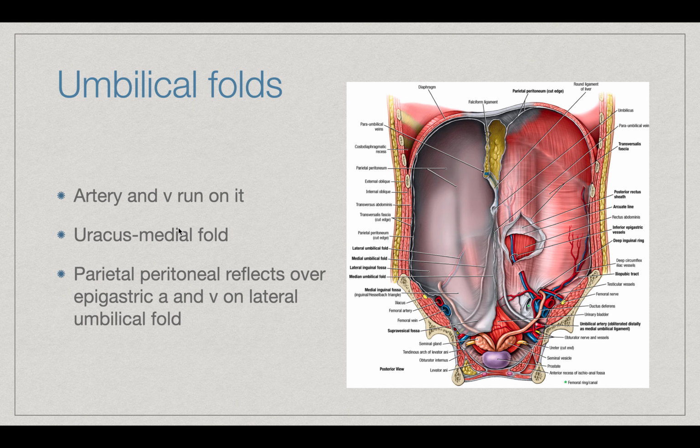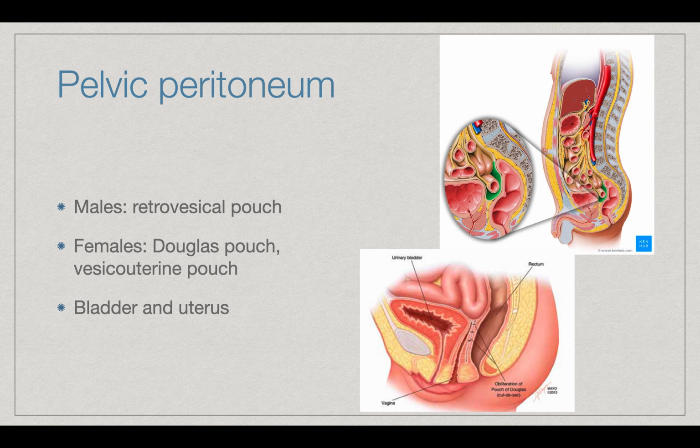The urachus is going to be the most medial, that's the medial fold, and of course that's a remnant of the urachal ligament in embryology. And then the parietal peritoneum will cover all of it, and then it reflects over the vein and the artery on the lateral umbilical fold.